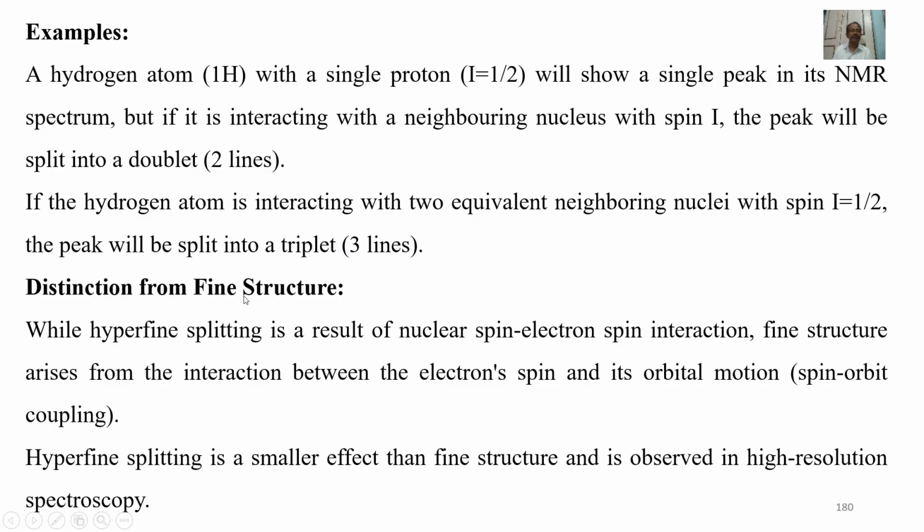Distinction from fine structure. While hyperfine splitting is a result of nuclear spin-electron spin interaction, fine structure arises from the interaction between the electron spin and its orbital motion, spin-orbit coupling. Hyperfine splitting is a smaller effect than the fine structure and is observed in high-resolution spectroscopy.